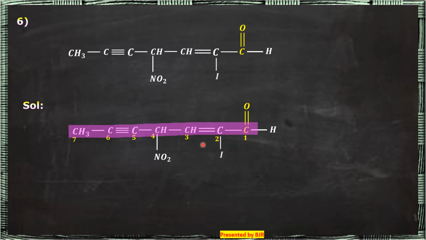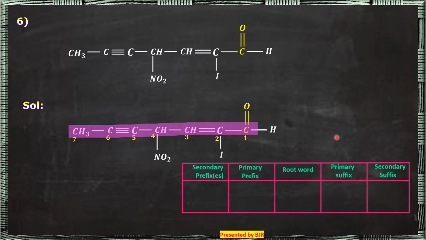And a double bond and a triple bond, 2 bonds are there here, and there are 2 substituents, NO2, nitro, and iodo. 7 carbon atoms means the root word is hept, primary suffix is ene, because a double bond is there and a triple bond is there, so ene.